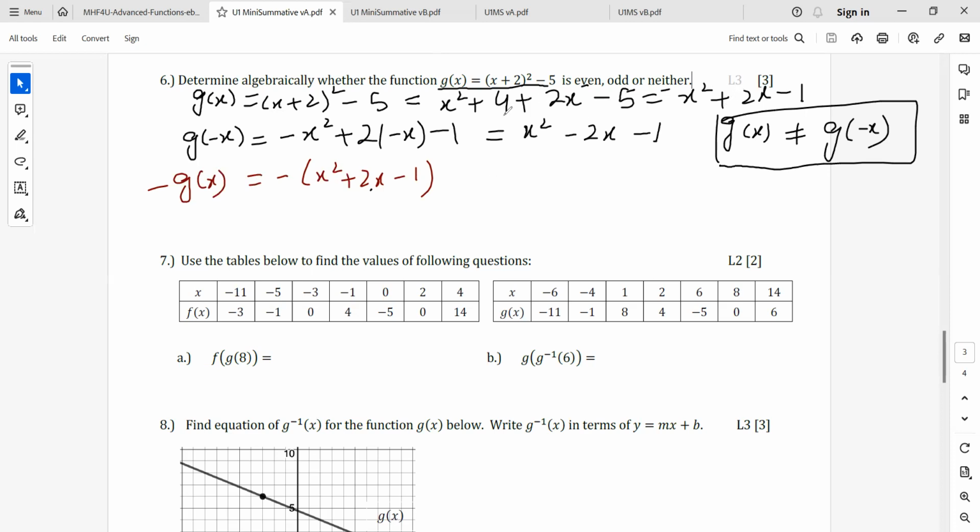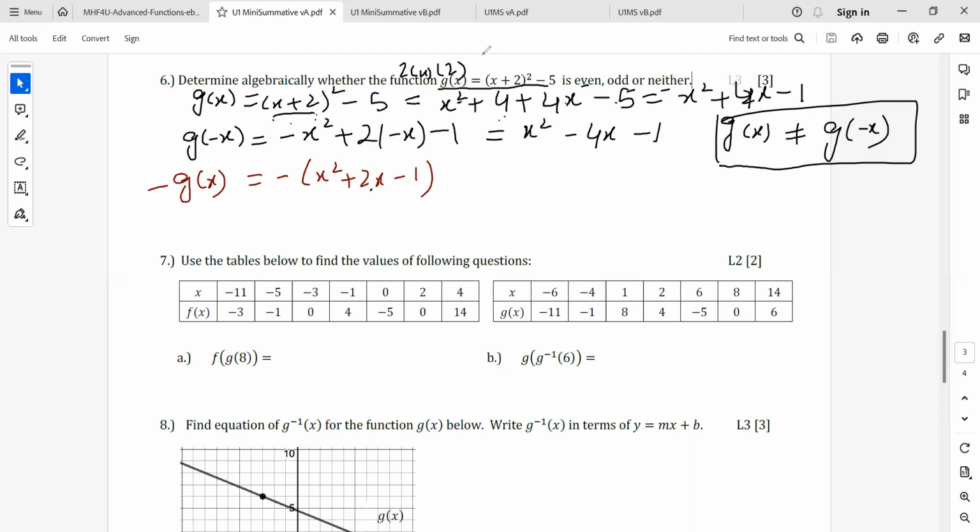It's 2x. Two ab would be 4x. We are opening the formula a square plus 2ab plus b square, so it's going to be 4x.